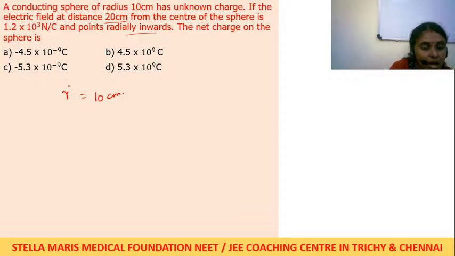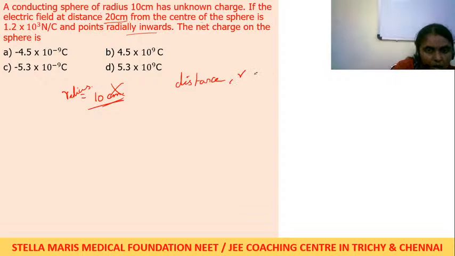So this R is the radius, don't consider this one. Here we are going to take the distance value R, which is equal to 20 centimeter. When we convert into meter, we get 0.2 meter.